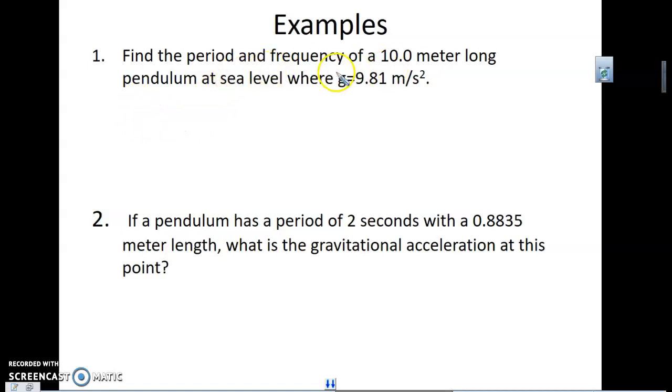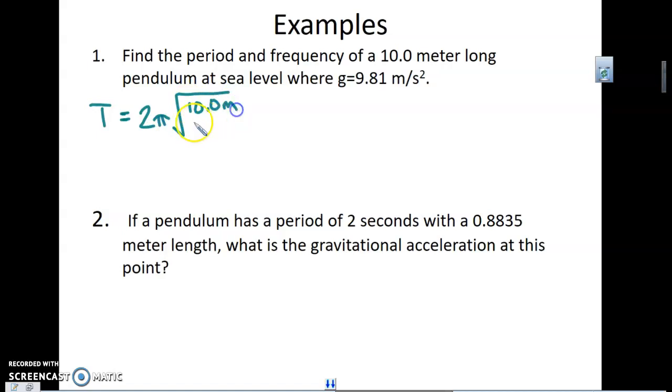we have the period and frequency of a 10-meter long pendulum at sea level. Because it does depend on the acceleration due to gravity, we will go 9.81. Technically we could do more significant figures than that, but we're just going to go ahead and use that at sea level. So we'll go 2 pi.